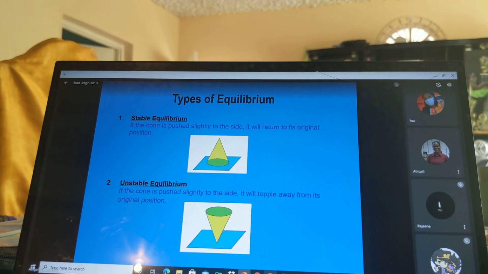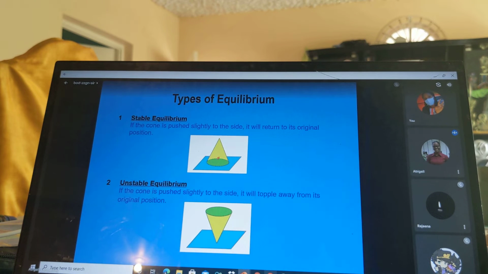For example, stable equilibrium is when you push it slightly and it returns to its original position. If you have a cone with the broad end facing downwards, and you push the cone slightly, you realize that it is generally going to just move and then go back to its original position. The center of gravity is somewhere right here.